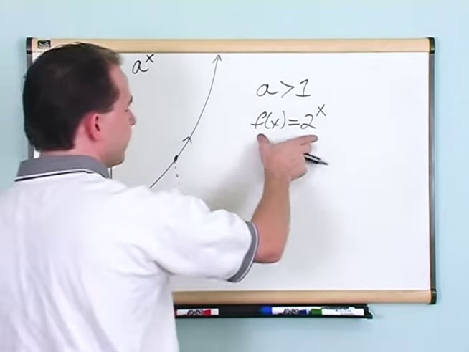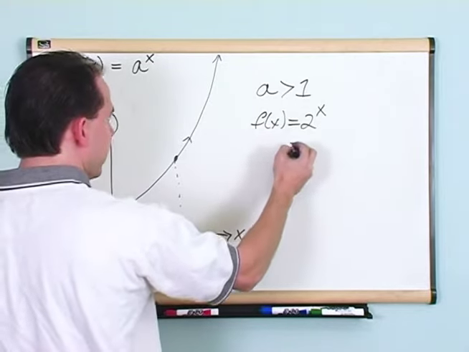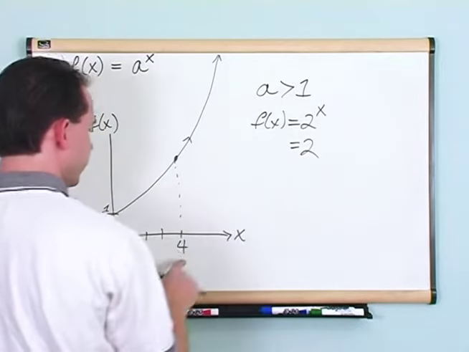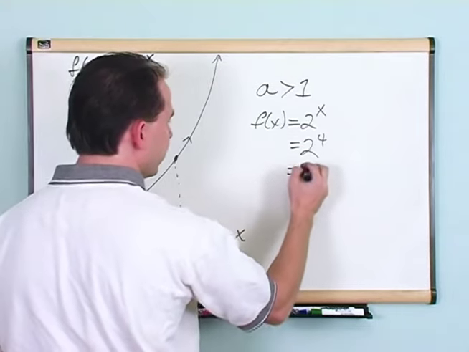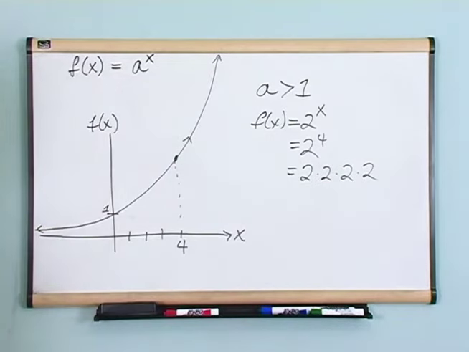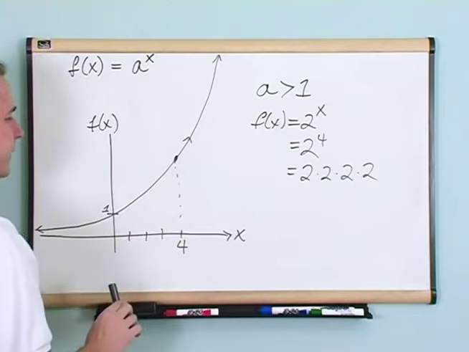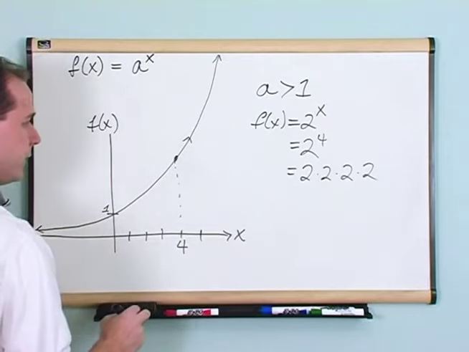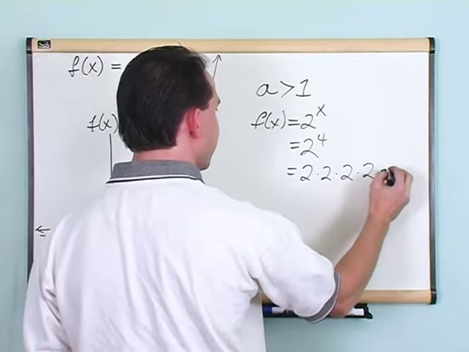What this means is that at this point, f of x is equal to 2 to the 4th power, because x is equal to 4, which is 2 times 2 times 2 times 2. At x equal to 5, you multiply by another 2.